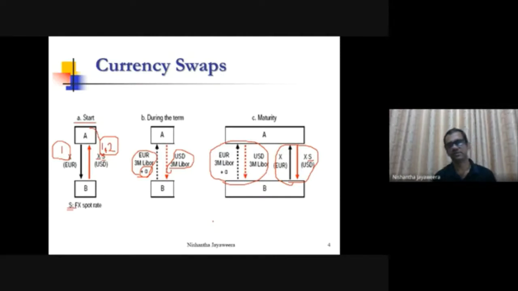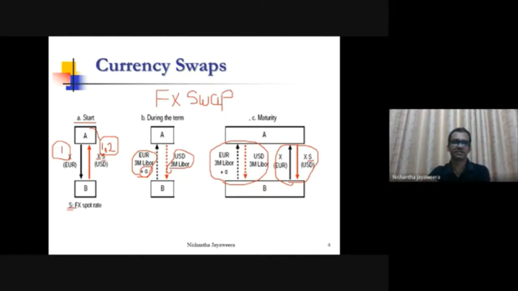Then on the maturity dates, we exchange the cash flows again. So it's more or less effects of. Is it clear enough?